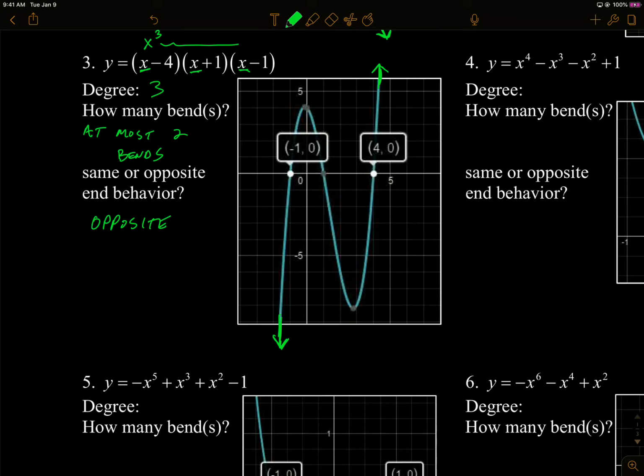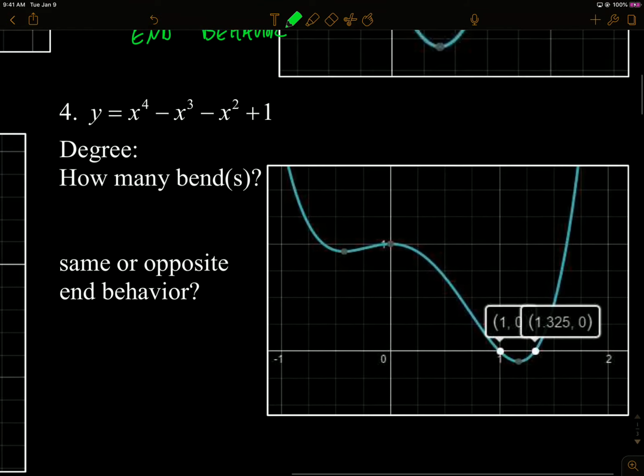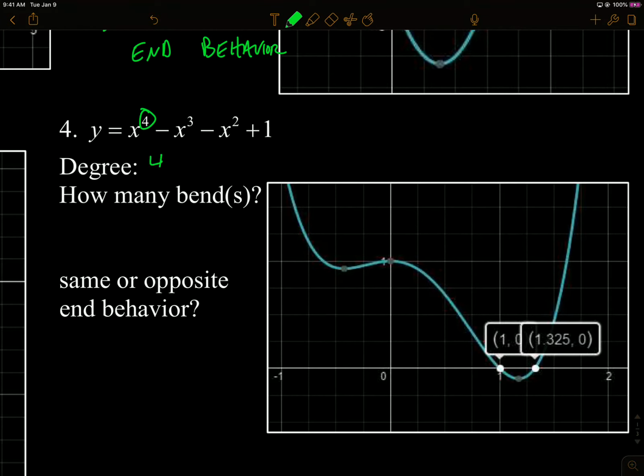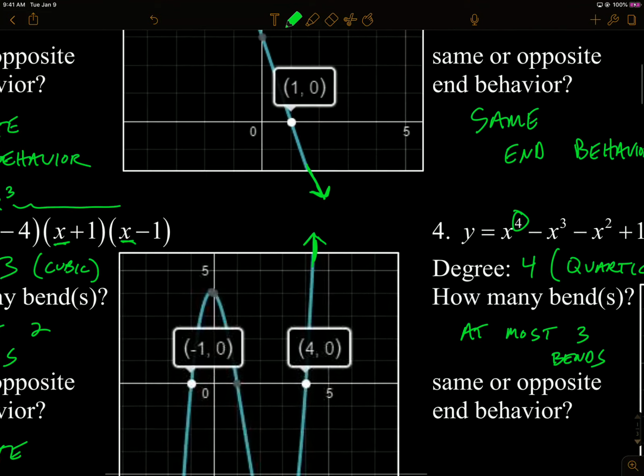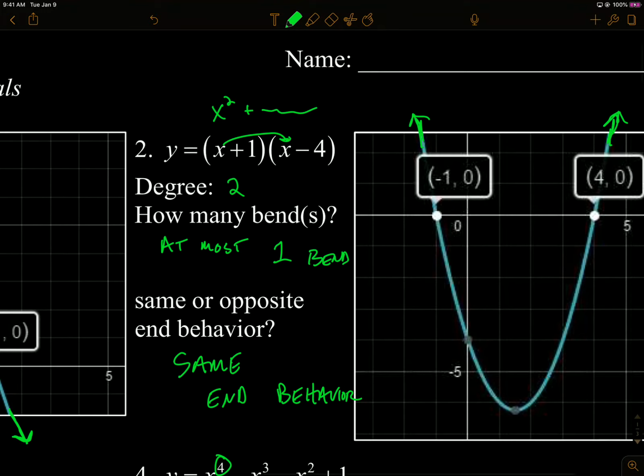The next one is a degree 4. So that means it's going to have at most 3 bends. Oh, I should be naming these. Degree 4 is a quartic for review. A degree 3 is a cubic. A degree 2 is a quadratic.